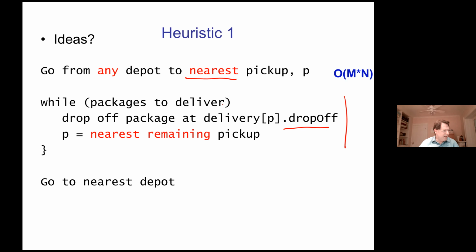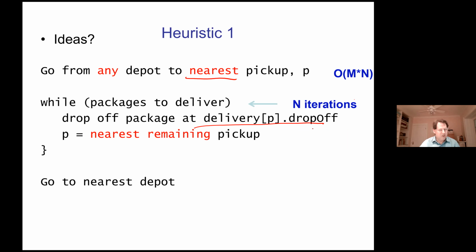What about this loop? How many times am I going to go through this loop? Yeah, so order m times n. Order m n times number of packages. Well, let's see. We're going to go through this loop n times, because I've got n deliveries to make. And for every one of them, dropping off the package is fine.